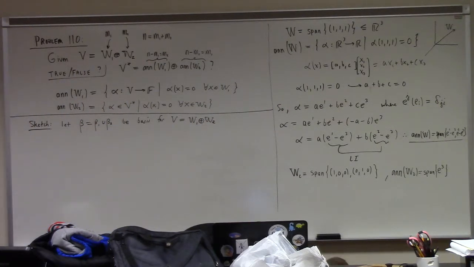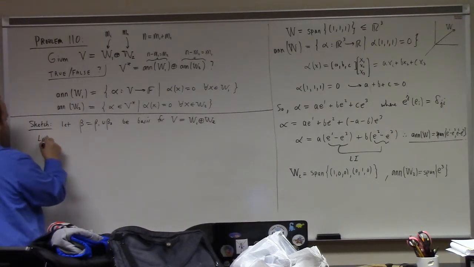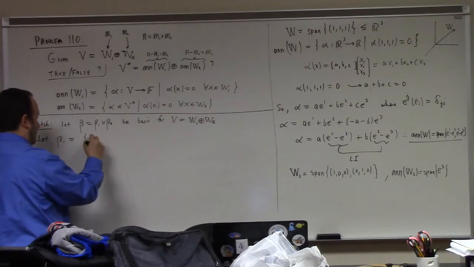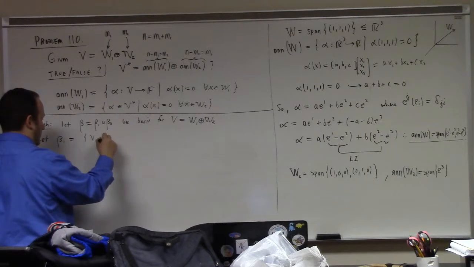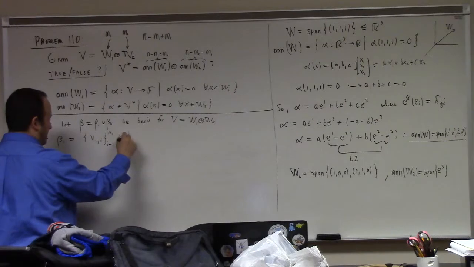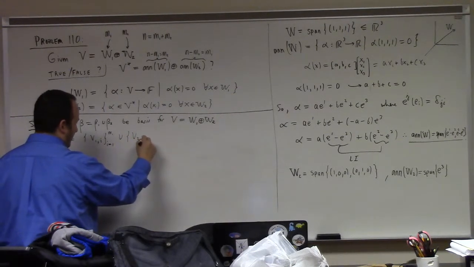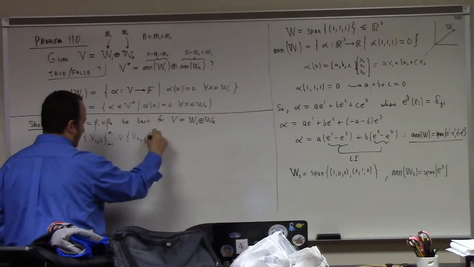So the problem breaks down like this. Let's let beta 1 equal to v1,i, i equals 1 to m1, union v2,j, j equals 1 to m2.